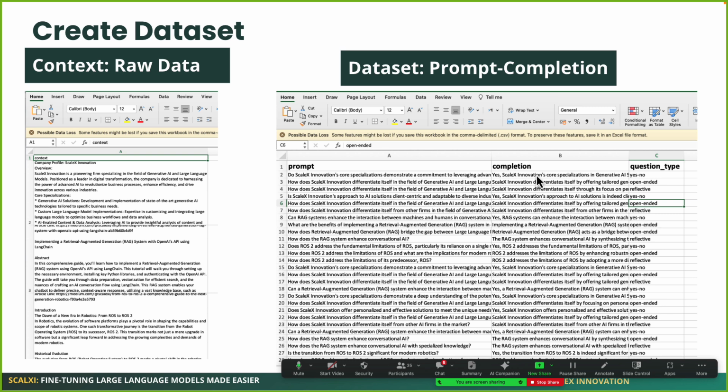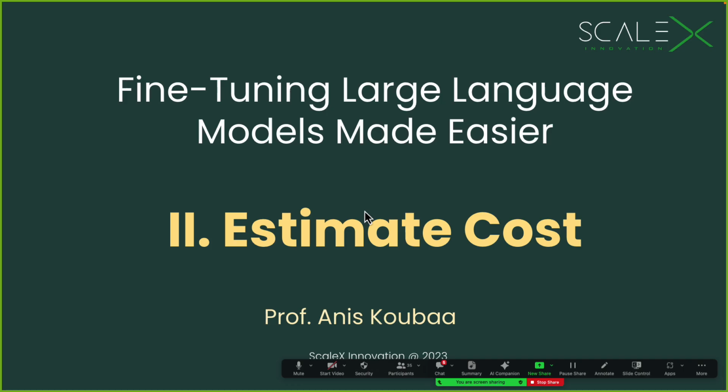This is a dataset that could be used by OpenAI for the base language models. OpenAI initially adopted the prompt and completion model in this way, in a CSV file. And here you can also see the type of question. I generated yes or no, open-ended, and reflective. This can be done in just a few seconds.